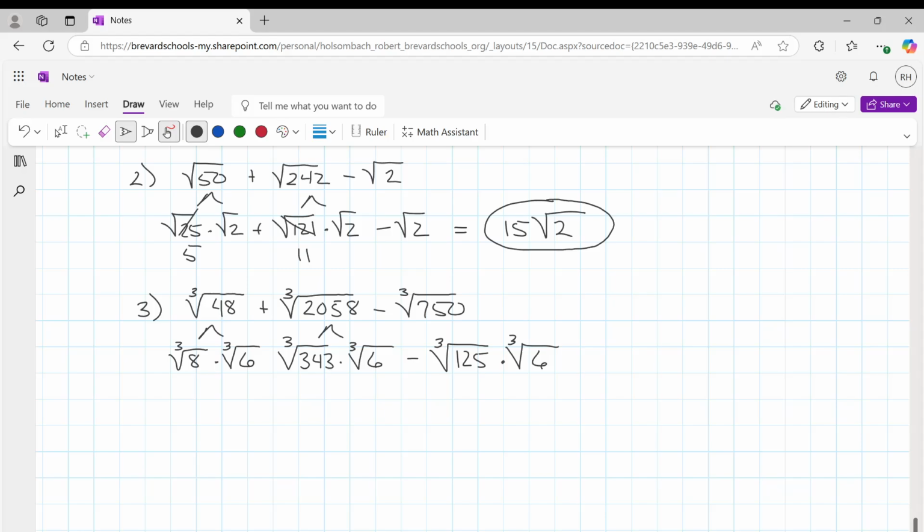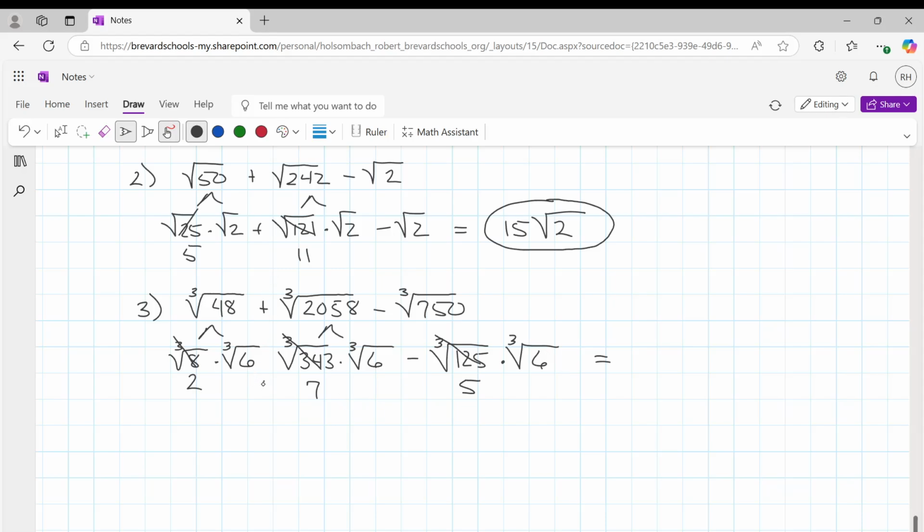And we've got perfect cubes here. The third root of 8, that's equal to 2. The third root of 343, that's equal to 7. And the third root of 125, that's equal to 5.